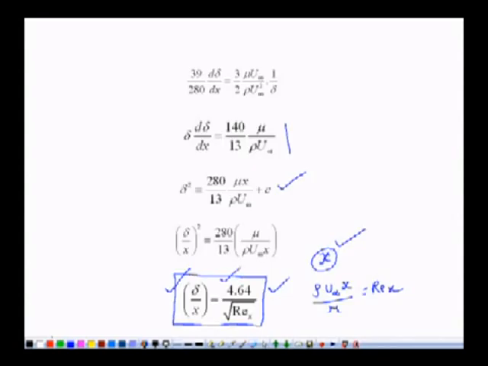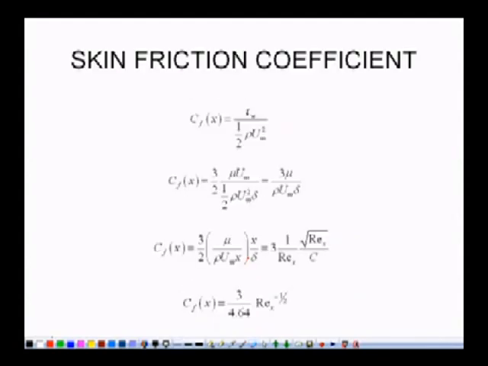So with the help of this equation we can answer the question of what the boundary layer thickness is at a given location. Now the next question is how to get drag.